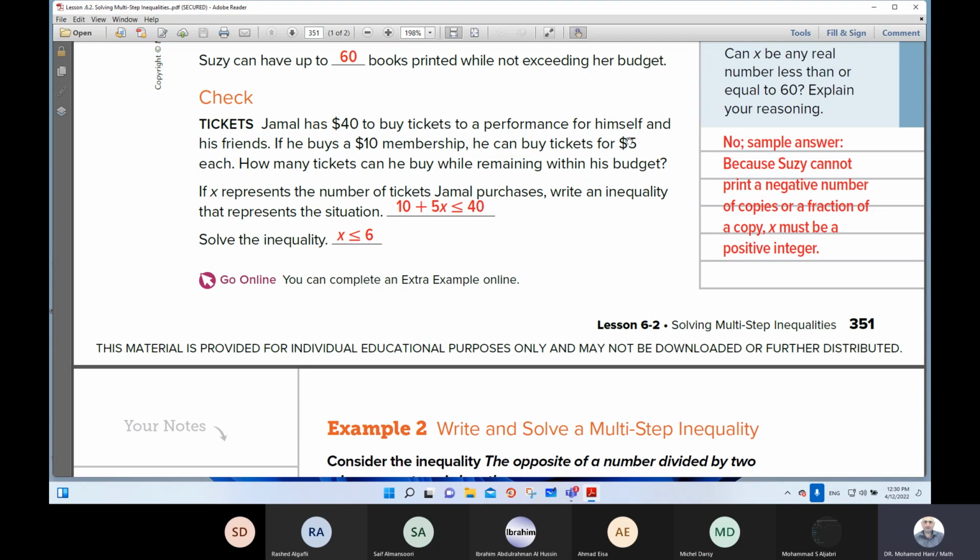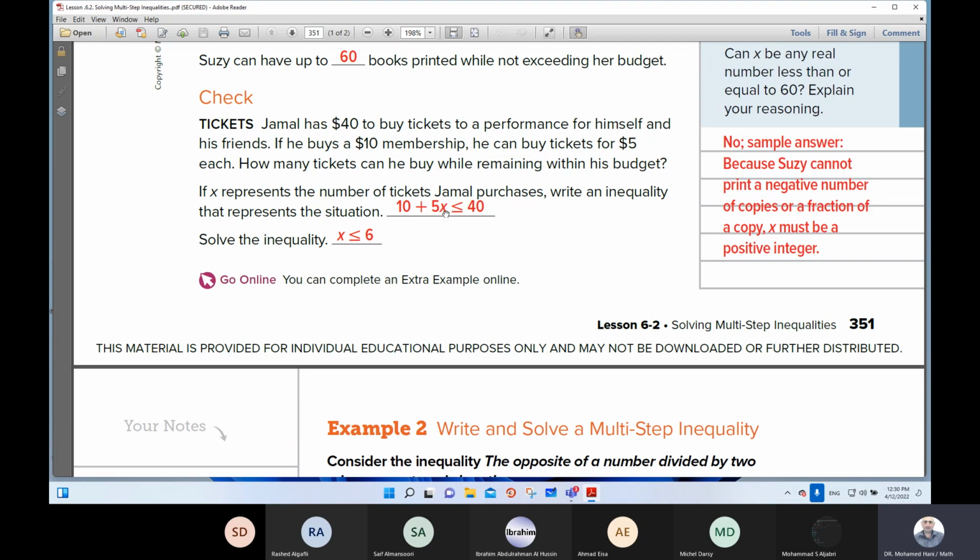And we have $5 per ticket, but we don't know the number of tickets. The number of tickets will be x. So we can write 5x. And we have 10 for membership. So 10 plus 5x less than or equal to 40.